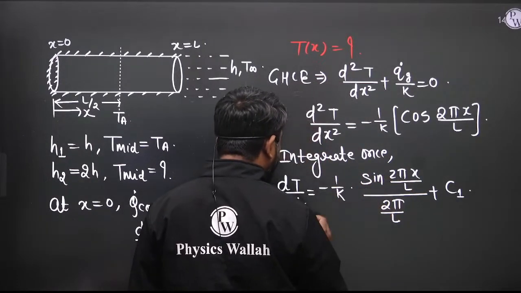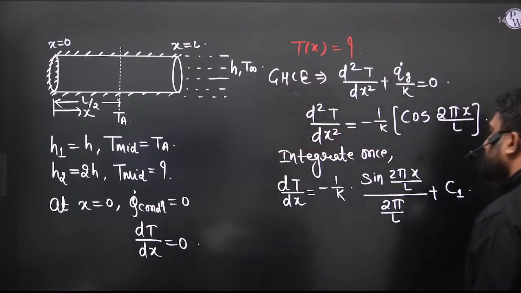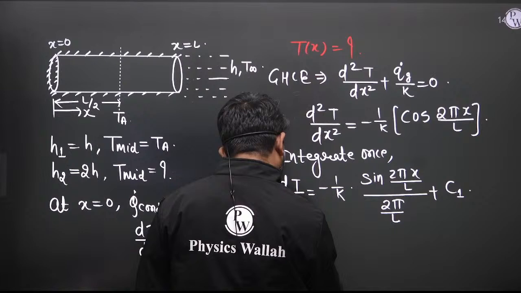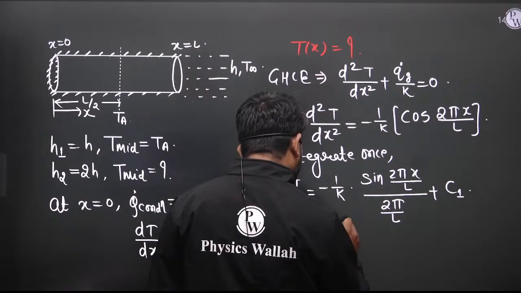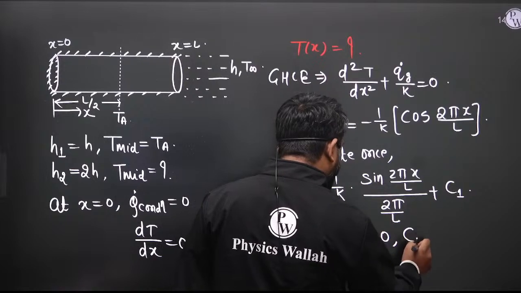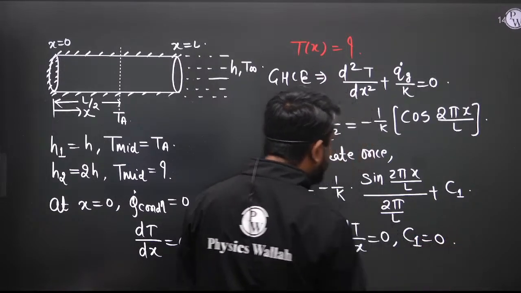So what is the C1? At x is equal to 0, sin 0 is 0, and dT by dx is 0. So C1 value is 0. Right.